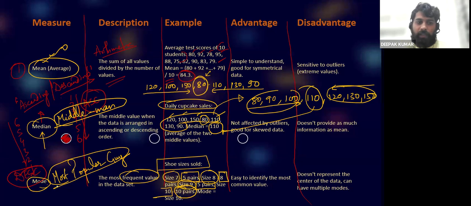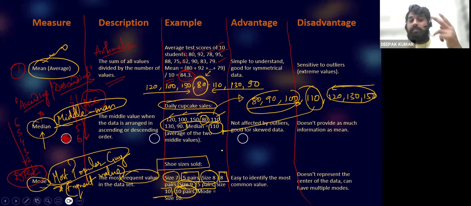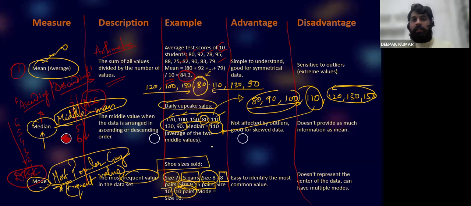Mode means, I won't say the highest value, I would say the frequent value. There might be a situation that size 10 is sold to 3 guys and size 4 is sold to 21 guys. So the thing would differ.